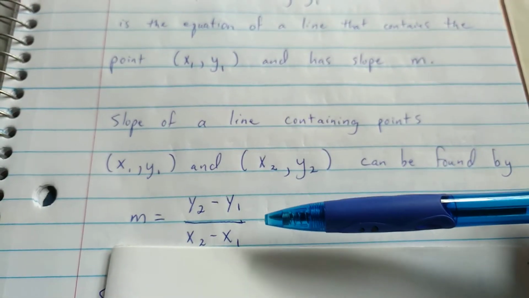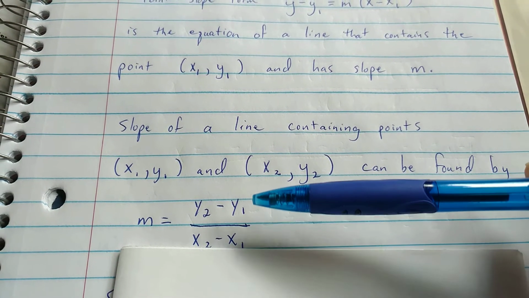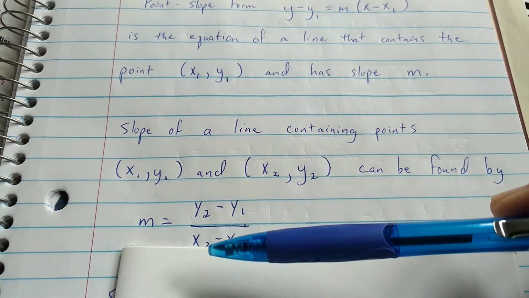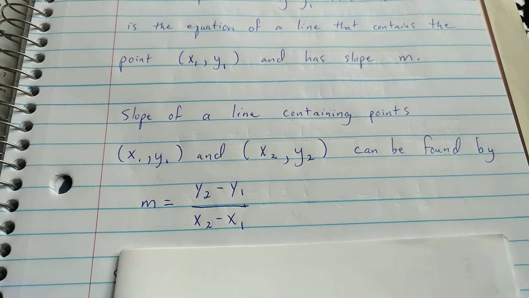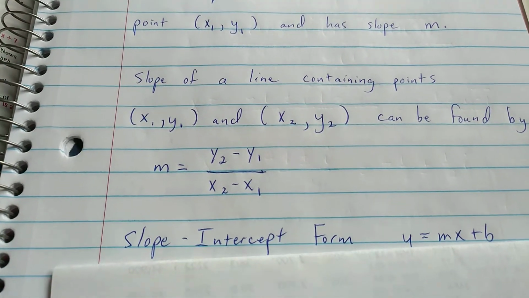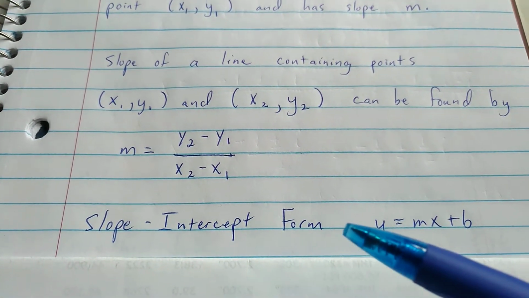The y's are on top, the x's are on bottom. Notice that the x1, y1 pair are together, y on top of x, and the x2, y2 pair, the y2 is on top of the x2. Keep those orders straight.